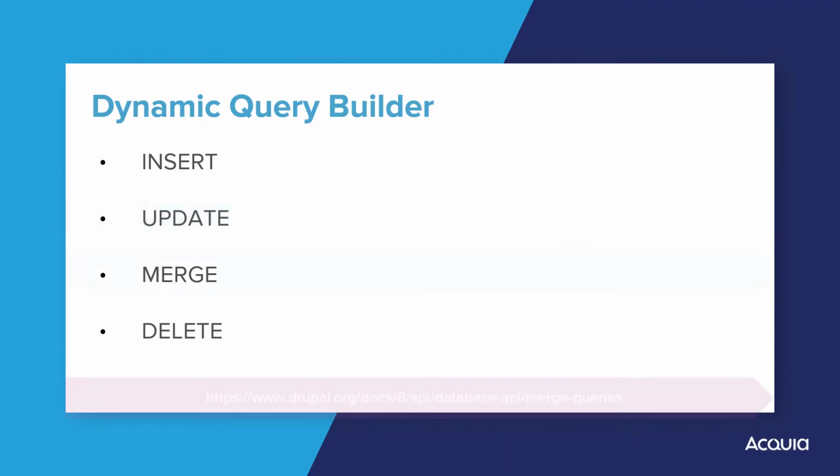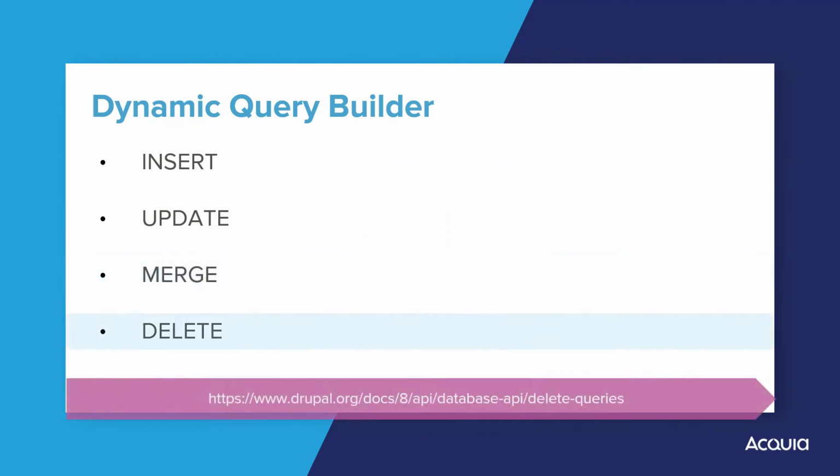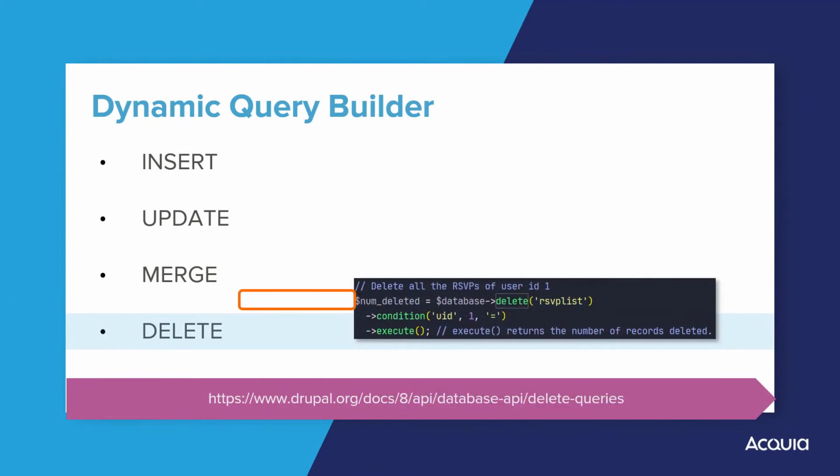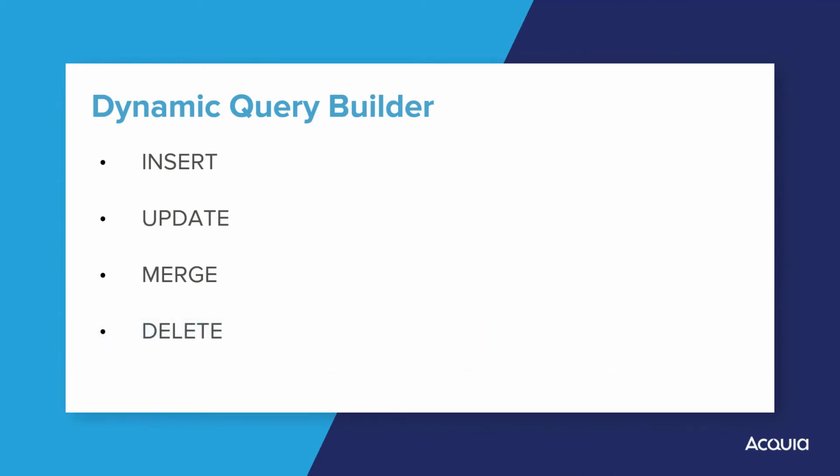For merge queries, where you want to conditionally either insert a record if it does not yet exist, or update the record if it does exist, use the merge method. And unsurprisingly, the delete dynamic query will begin in a similar fashion. After you begin the dynamic query, you can add fields, conditions, and other options to the query as appropriate. Be sure to look at the appropriate documentation for each.